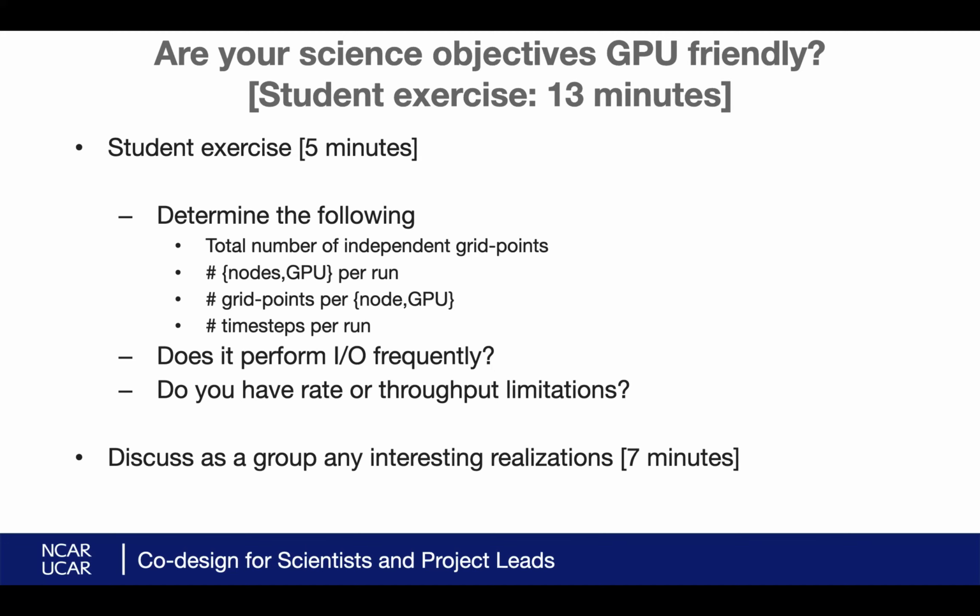The number of nodes or GPUs you run on per run; I'm assuming it's more likely nodes for this audience. Then the number of grid points per device, and the number of time steps per run. And then you ask the question, does it perform I/O frequently? And do you have rate or throughput limitations? I want you to go ahead and do that for the next 5 minutes, and then hopefully you'll share out some interesting realizations that you may have had.